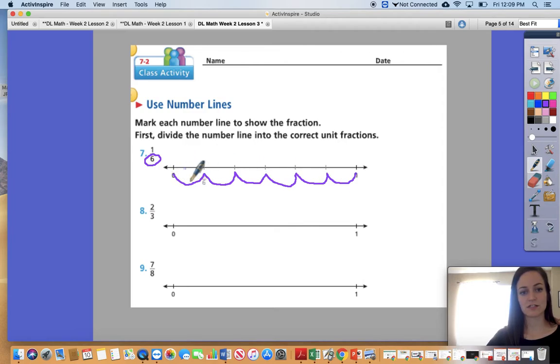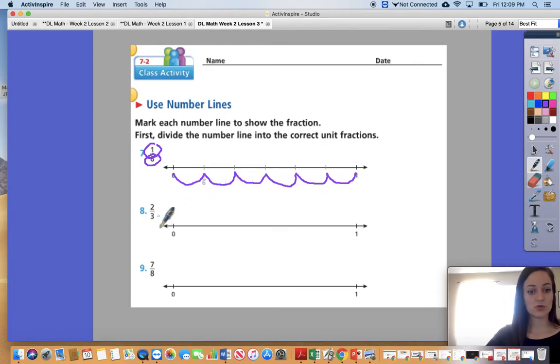Does everyone see how there's 6 equal pieces? Okay, and we look at the numerator and it's 1 out of 6, so we just jump 1/6. Okay, the other ones would be 2/6, 3/6, 4/6, 5/6, and 6/6. Okay, they're the same.